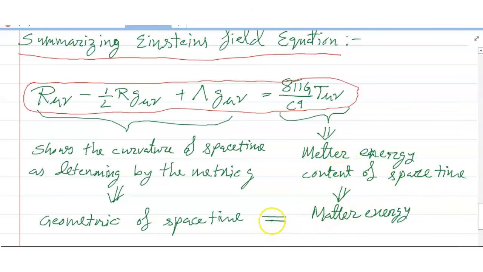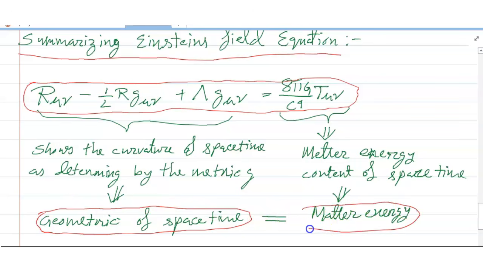So we get that the geometry of space time equals the matter energy. Sorry, it is not energy, it is matter movement.